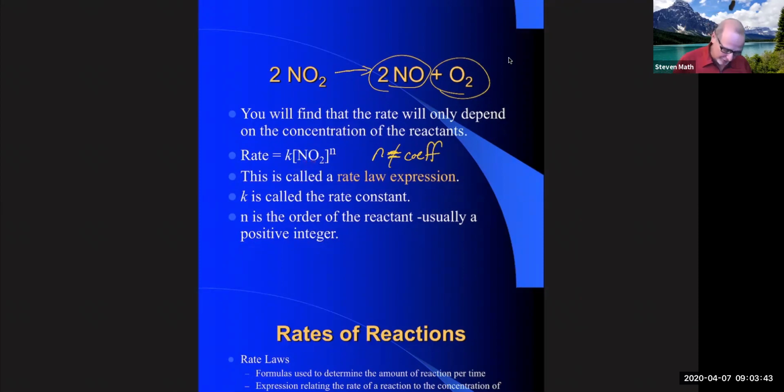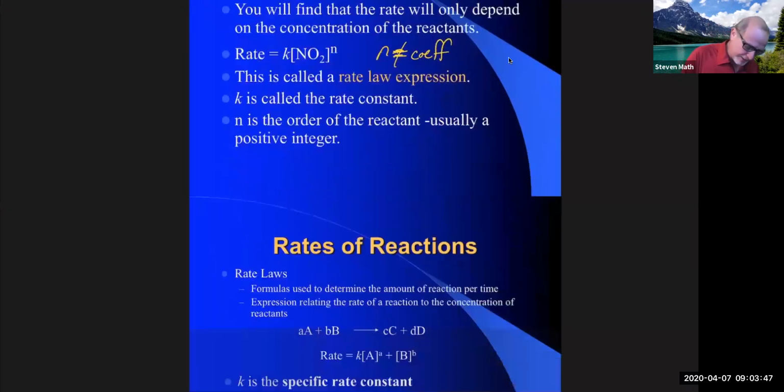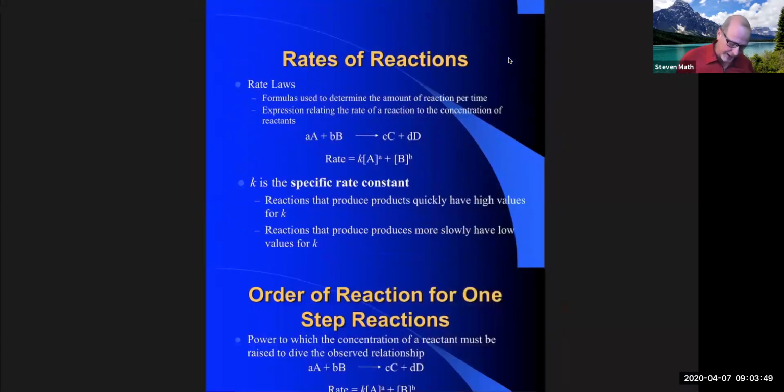All right, so now we look at these rate laws. These are formulas used to determine the amount of reaction per time. So this is a setup for the rate. I lost one of my formattings, so get rid of this.